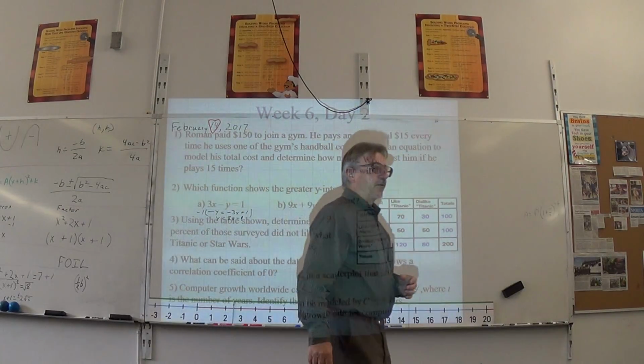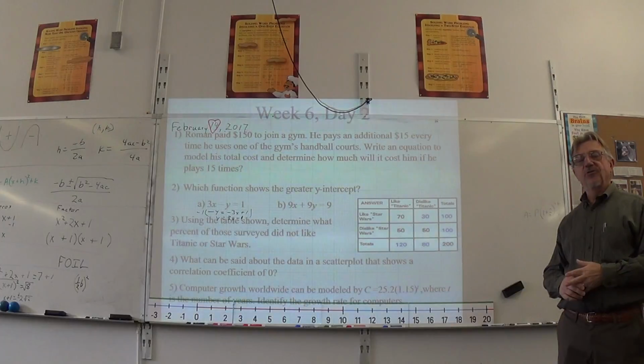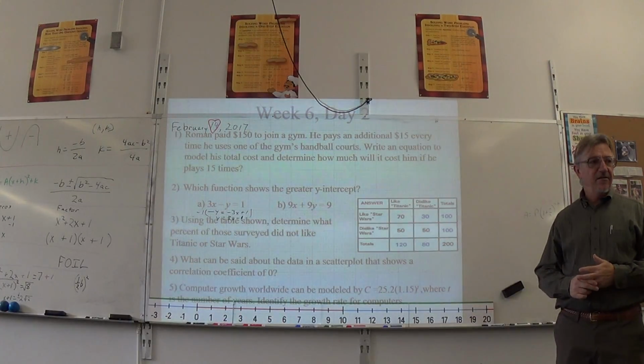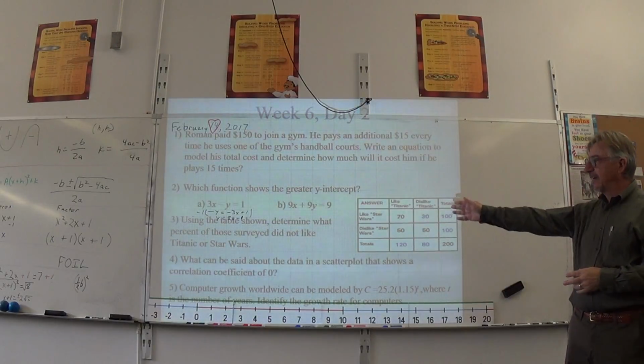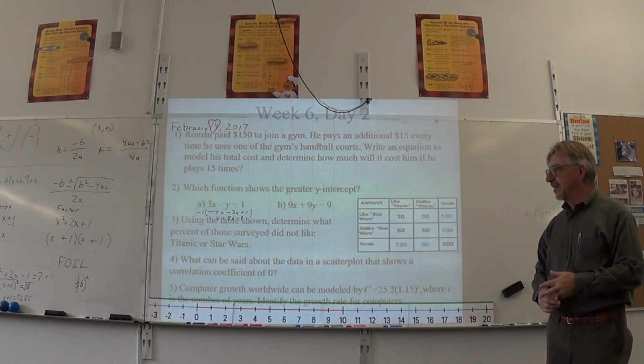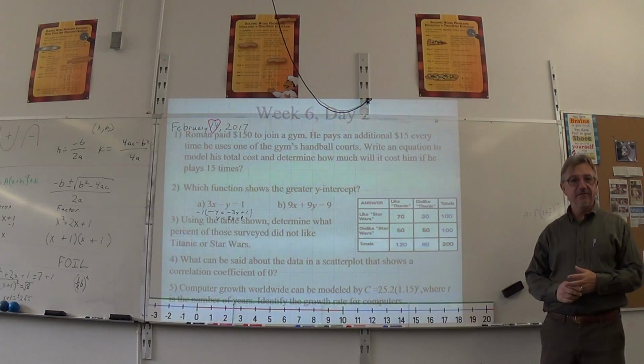Number three up here. David, 25%. Oh, I got that one too. If you read that like those who did not like Titanic and Star Wars, I hate both of those.